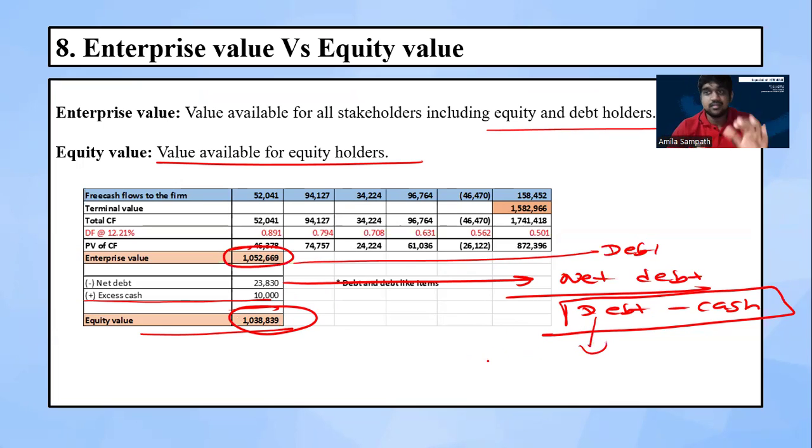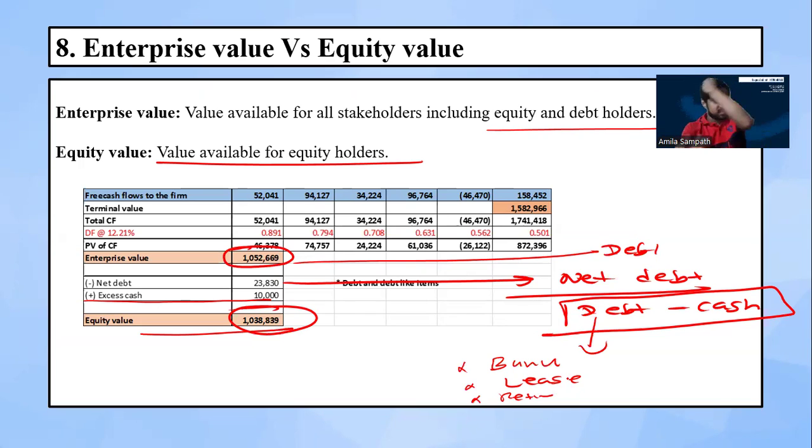The main things are bank borrowings, interest-bearing borrowings, bank loans, and leases, which we can treat as debt. Also, as per valuation experts, if we have employee benefit obligations, that means retirement benefit plans, these obligations we can also consider as debt and debt-like items.